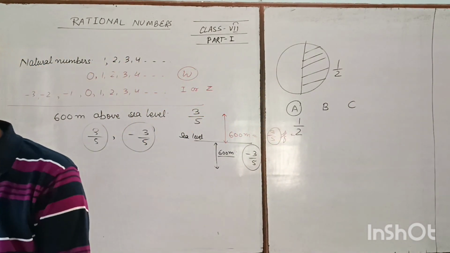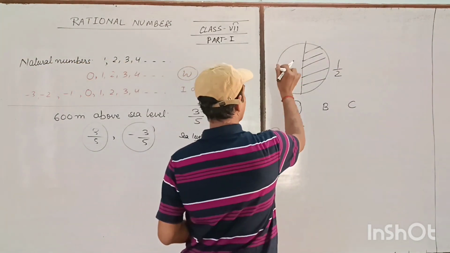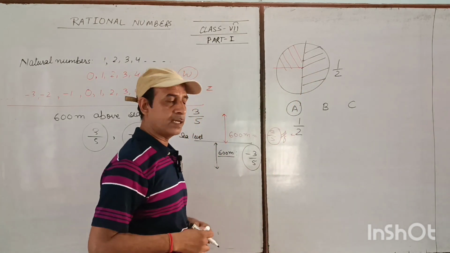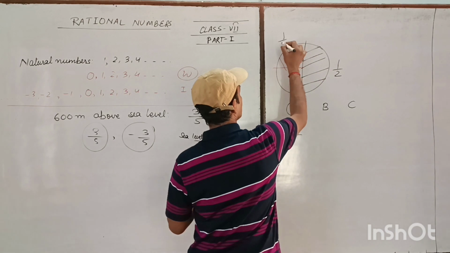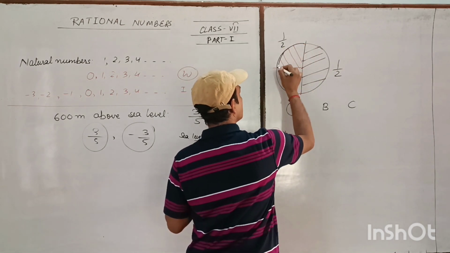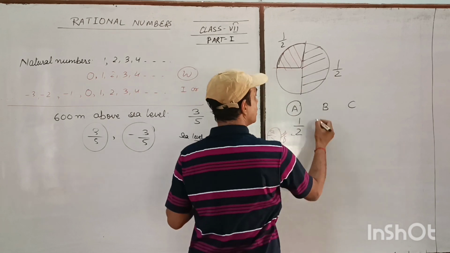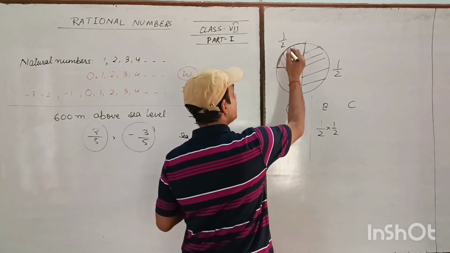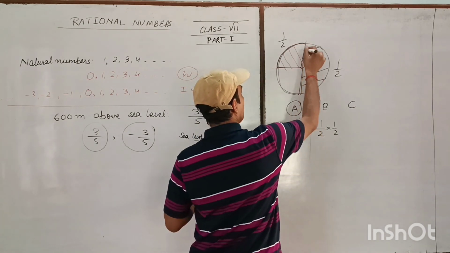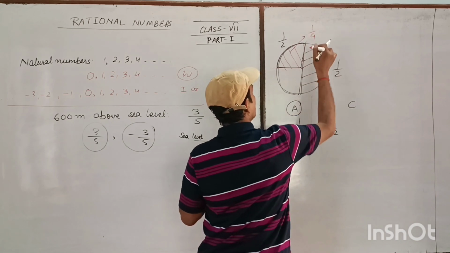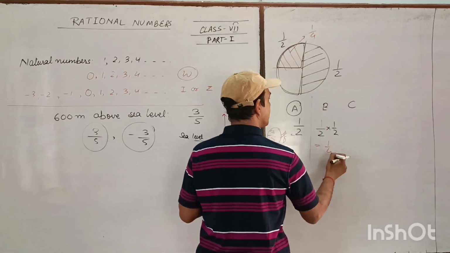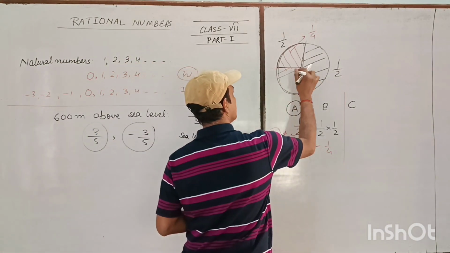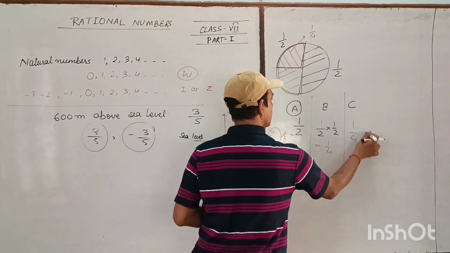Further, what can be said about this fraction? This is half, this is also half, and this is half of half which is being left. This whole is half, but this will be 1 by 4. So he is giving 1 by 4 to the second son, and after this the third portion of the land he gives to his third son.